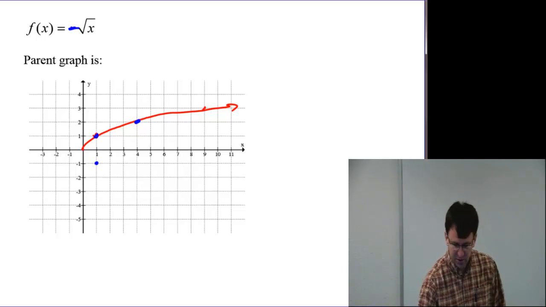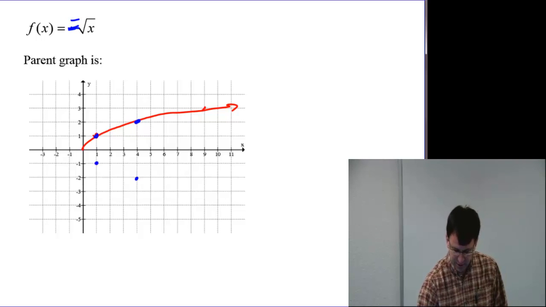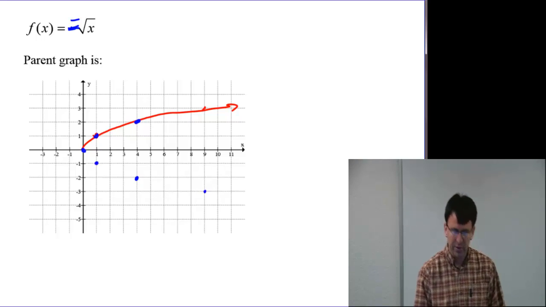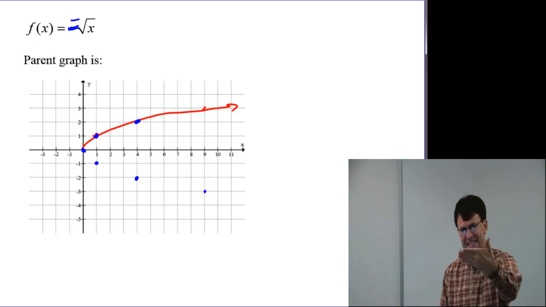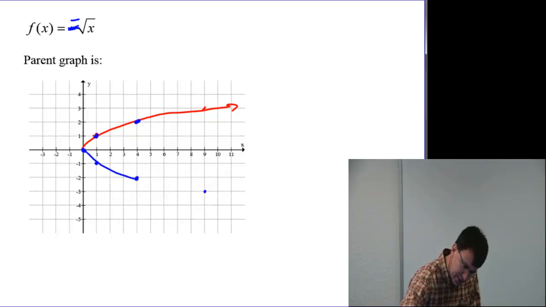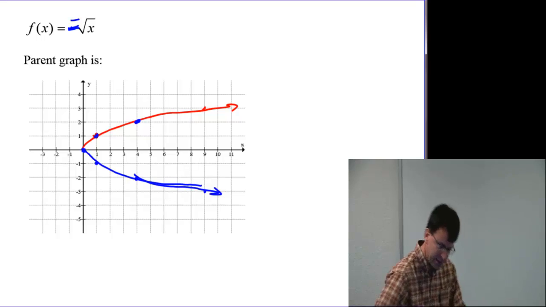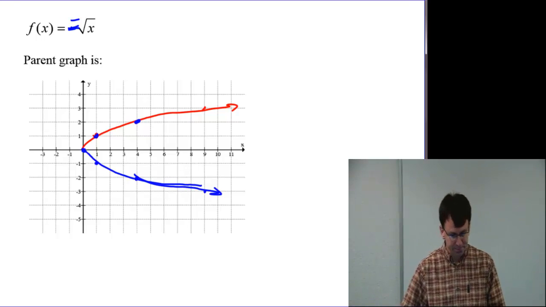After I've taken the square root of 4, which is 2, then I apply the negative. Once I apply that negative, it's going to bring that value down here, and this is going to bring it down there. Notice major point hasn't moved, but I've just taken that guy and flipped it right over that x-axis. Hard to see it through my arm when it comes down that way. We get this guy going on there.